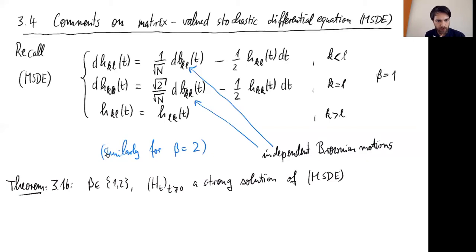And H_0 is in R^n or C^n when beta is 1 or beta is 2.